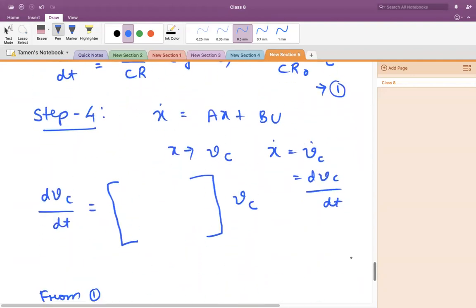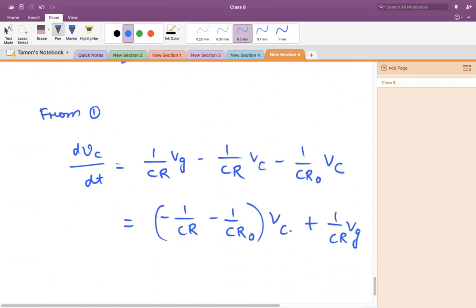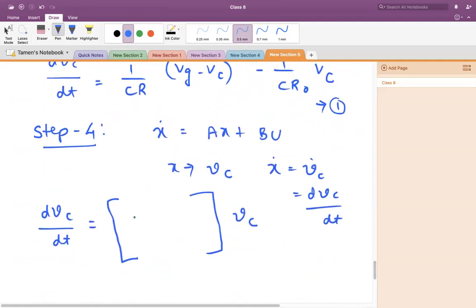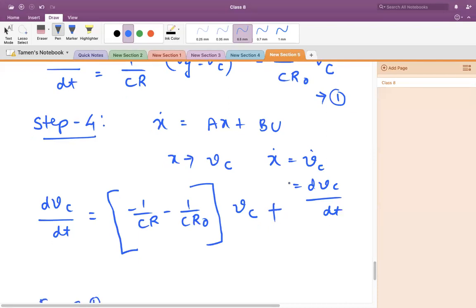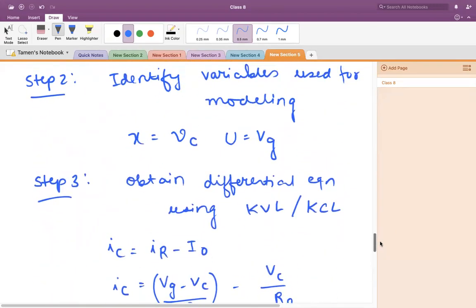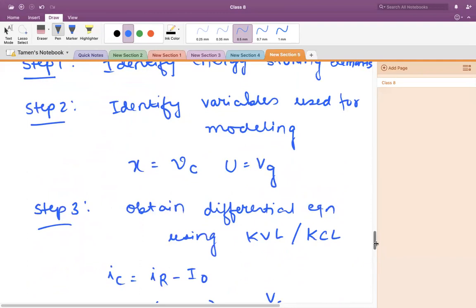So we have to take dVc by dt in terms of Vc, right? This is our objective. So what is in terms of Vc? Minus 1 by CR minus 1 by CR0, plus we need U. What is U? U is in this case Vg, which is the input voltage, which I have already mentioned here.